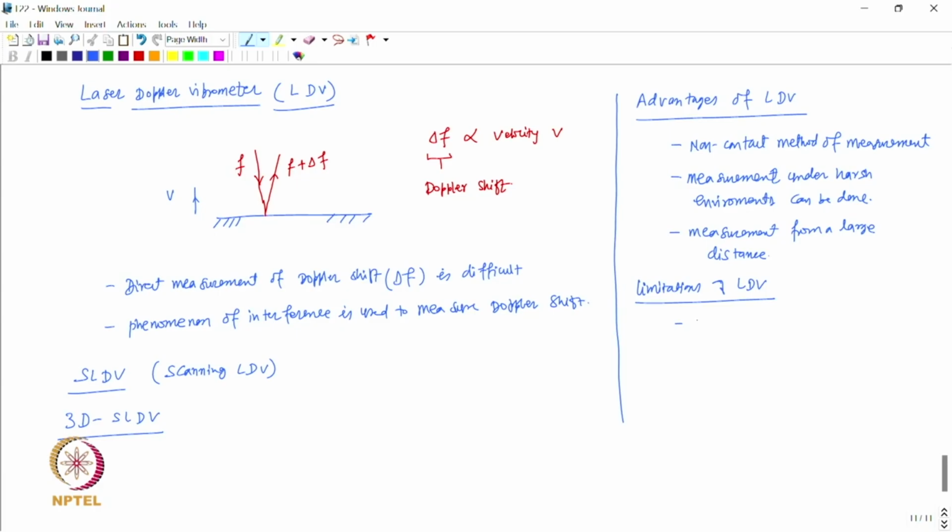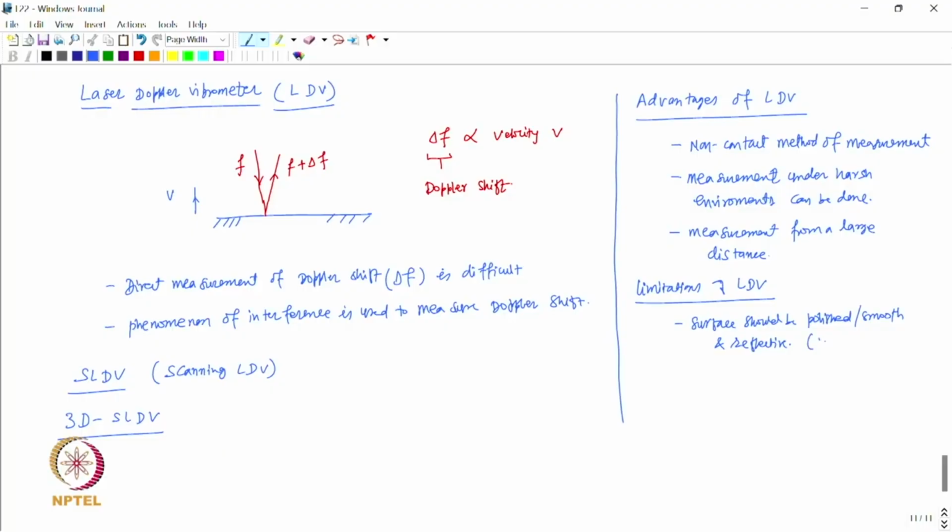So the surface should be polished or smooth, and it should be reflective, because ultimately the reflected beam has to be captured and analyzed. Therefore, often a small reflective tape may need to be pasted. Reflective tape may be required.